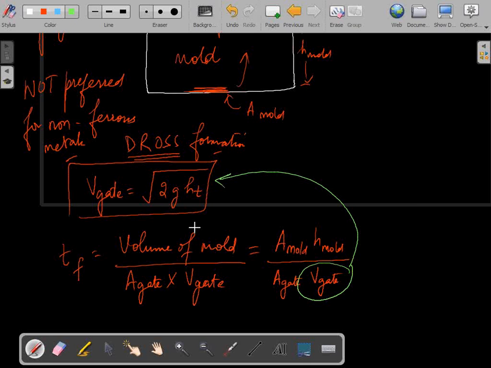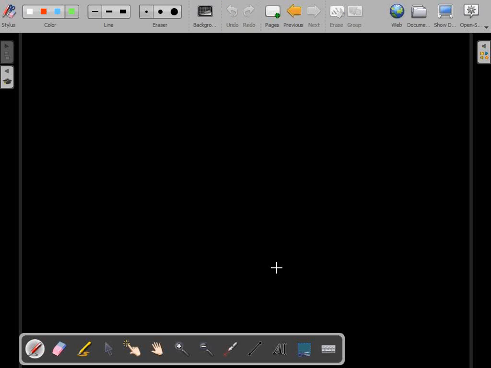Now the last part of this topic is your riser design, and as I can see from my watch, I would not be able to start off with the mechanics of machining, so we will do it in the next video session. The last portion of this lecture would be riser design. We know what a riser is.